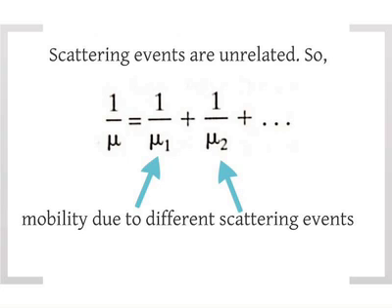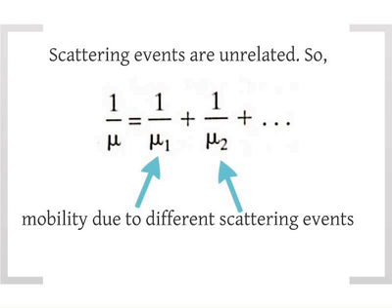Scattering with ions, scattering with atoms, scattering with other electrons, all these things can contribute differently to mobility, which means that if you have different scattering events that you can analyze separately, you can calculate the mobilities and add them up. And they add up in a harmonic fashion.